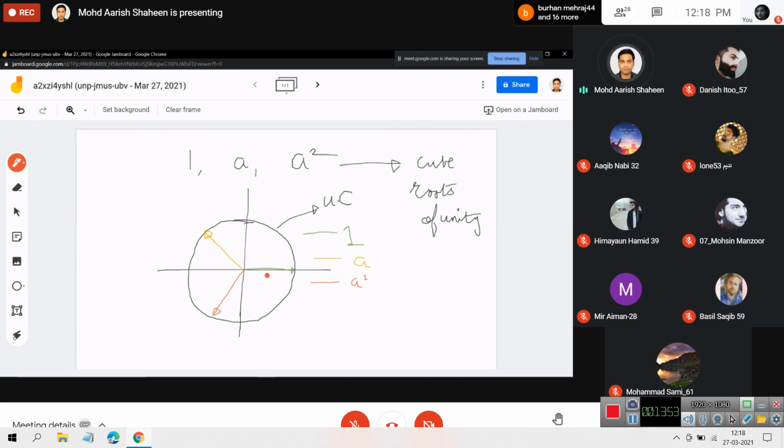So as you can see for yourself, all these angles are 120 degrees. A leads 1 by 120 degrees, the yellow phasor, while the red phasor, which is basically A square, leads the yellow phasor by 120 degrees. In turn, it lags the green phasor, which is basically 1, by 120 degrees.